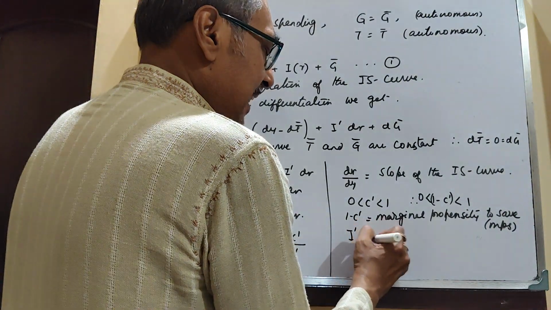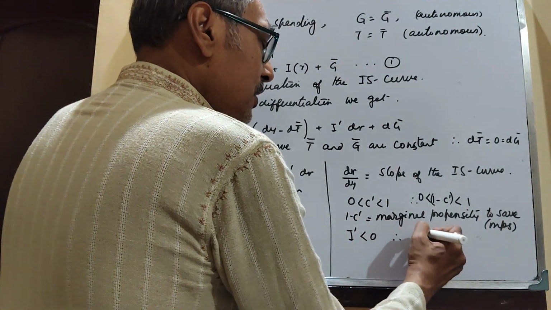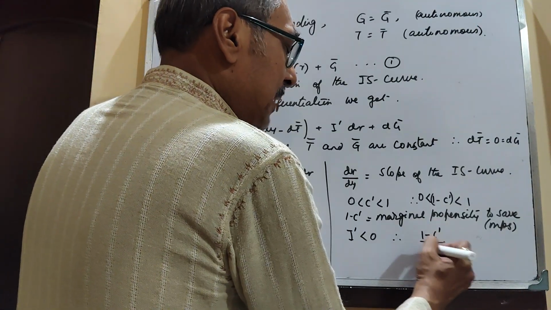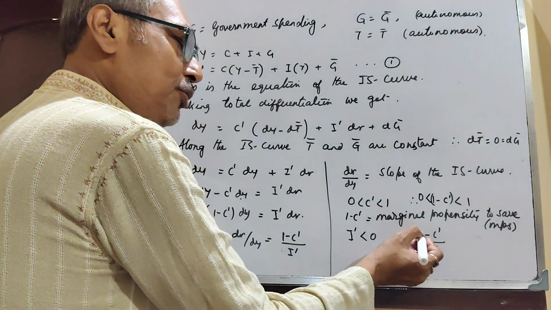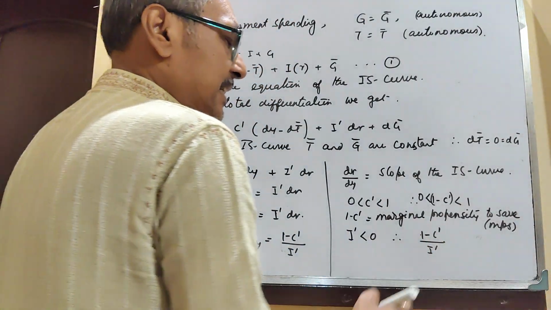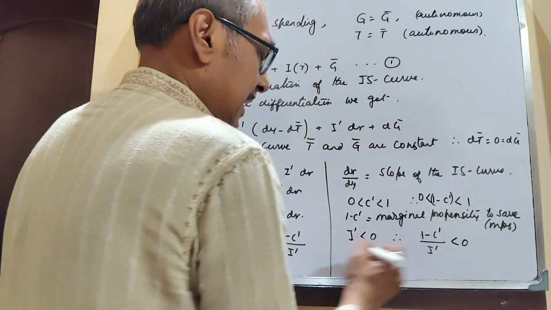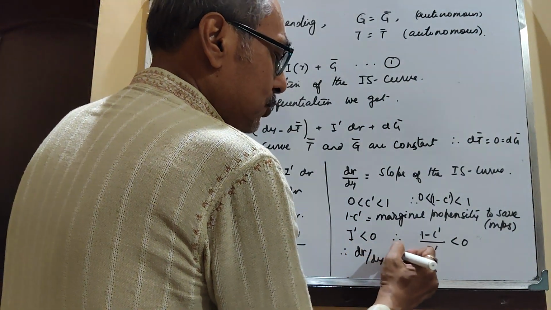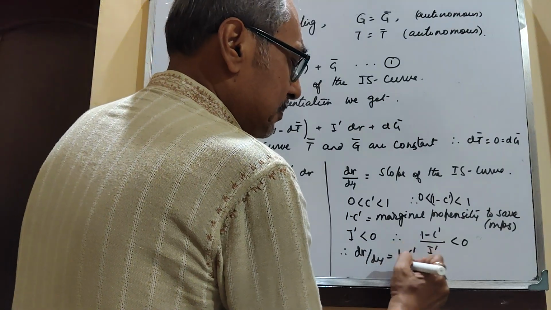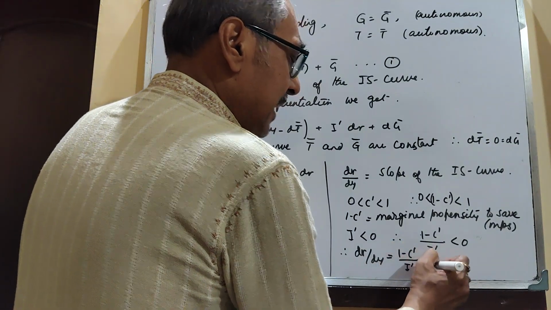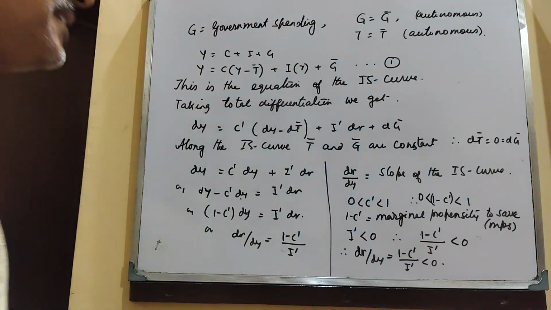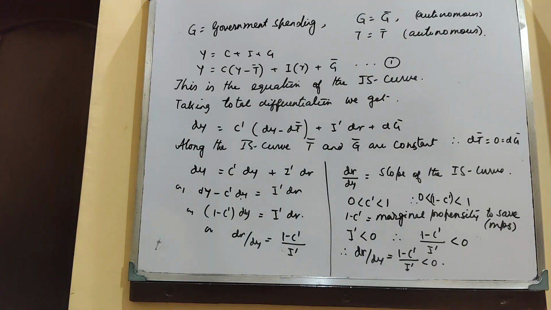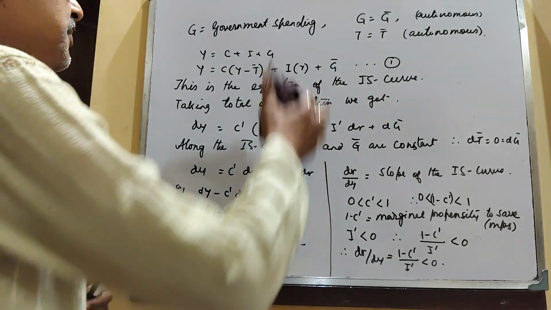I prime is negative. Therefore, in 1 minus C prime by I prime, the numerator is positive and the denominator is negative. This becomes negative. Therefore, dr/dY equals 1 minus C prime by I prime is negative. That means the IS curve is usually downward sloping.